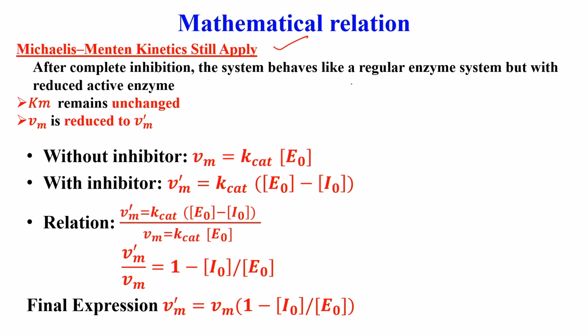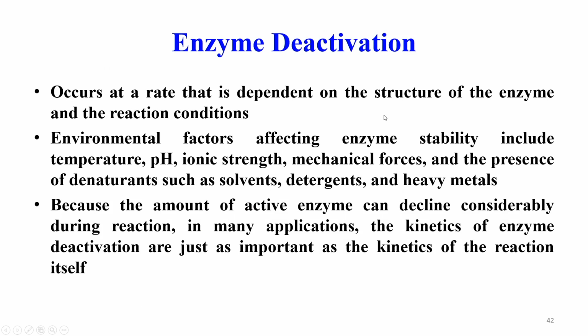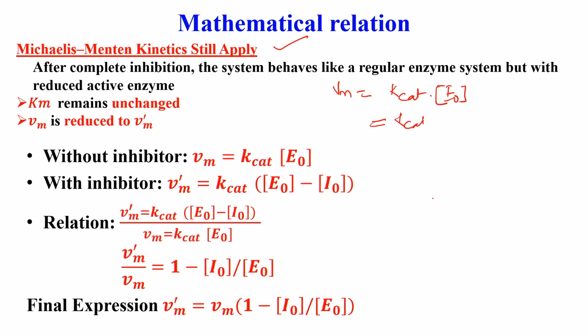Vmax is going to change. You know what Vmax is? Vmax is k catalytic into E naught. So, here E naught will be replaced by E naught minus I naught.